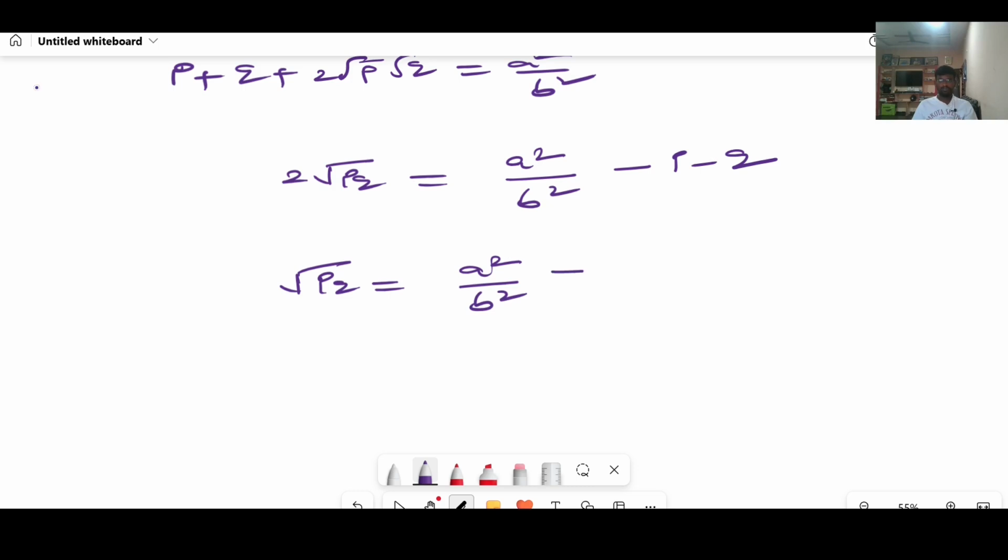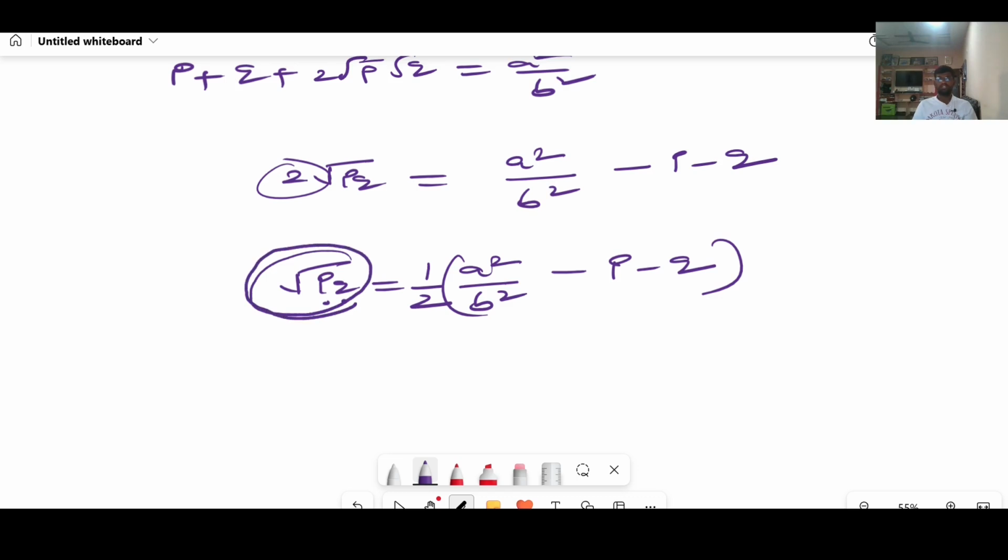equal to a square by b square minus p minus q by 2, here 2 is multiplying, right? Transpose this 2 and it will divide, right? And again, in the question it has been given that p and q are prime numbers, right? If p and q are prime numbers, you will get an irrational number only here. Since p comma q are prime numbers, you will get an irrational number on the left hand side, right?